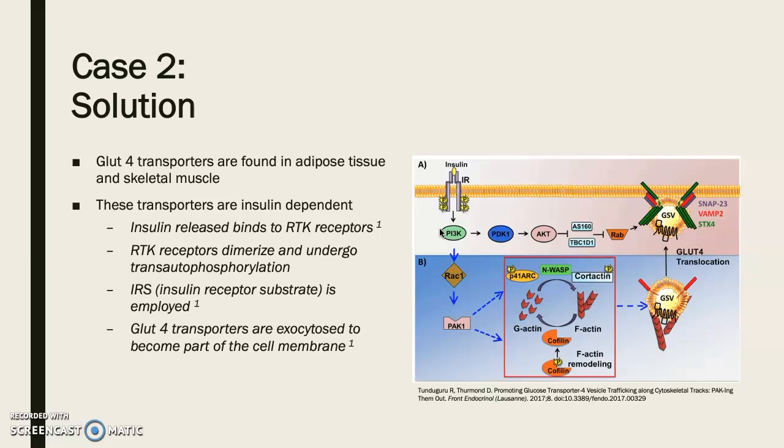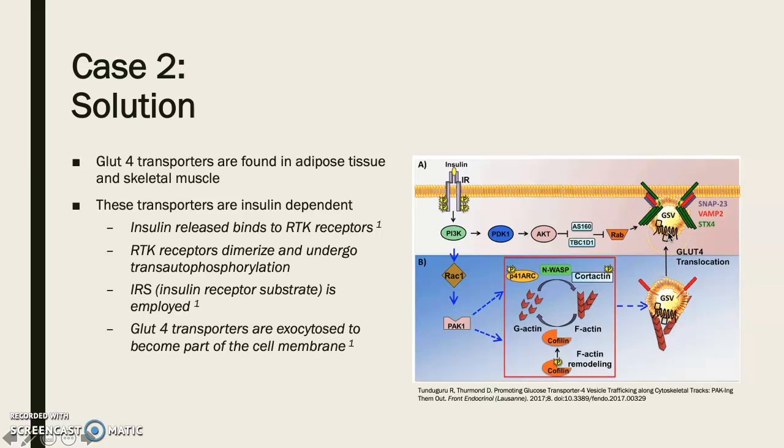This then acts as a docking station, allowing for a particular signal called IRS, which is known as your insulin receptor substrate, to bind, and ultimately is going to be responsible for carrying out exocytosis by activating certain kinases, allowing for the exocytosis of GLUT4 transporters to the cell membrane, as seen over here.